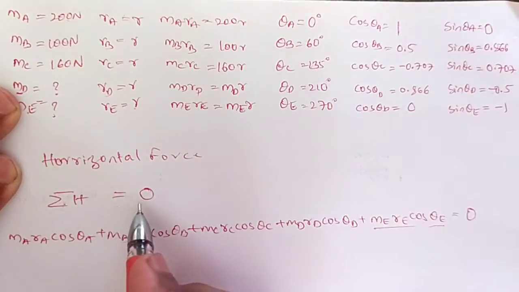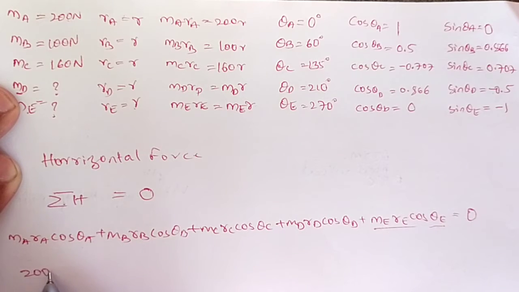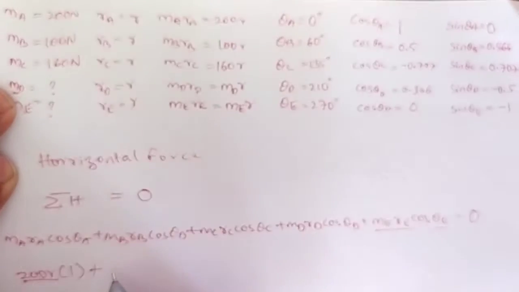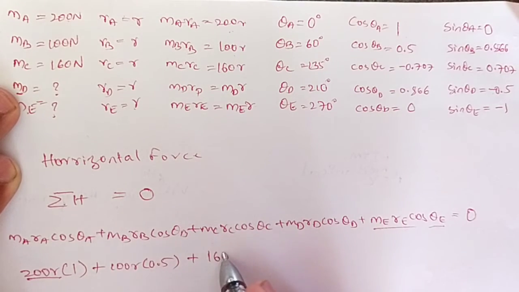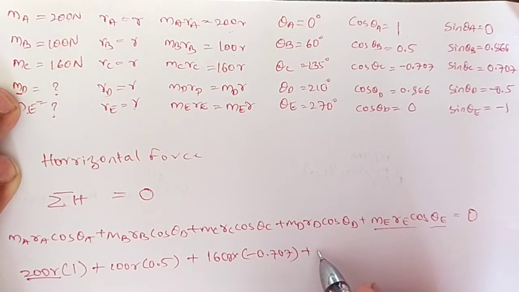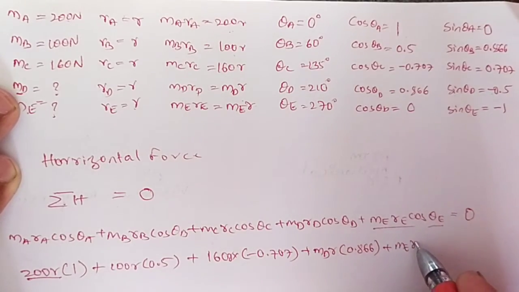Horizontal force is given in terms of cosines. With 5 masses there, I have taken the ME RE term also, equal to 0. Substitute the values: 200 into 1, then 160 into cos theta, which is minus 0.707, then MD into R times 0.866, and ME into R, which is 0, equal to 0.